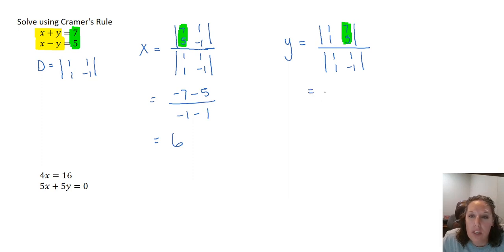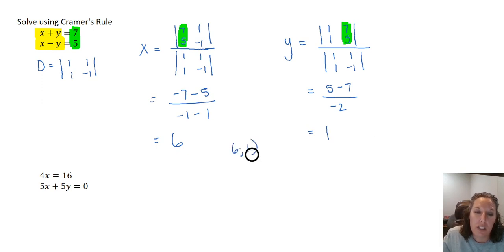For our y coordinate, we're going to get 5 minus 7 over that same thing we just got, negative 2 in the denominator. So 5 minus 7 is going to be a negative 2 divided by negative 2 is 1. So we do get the point (6, 1).